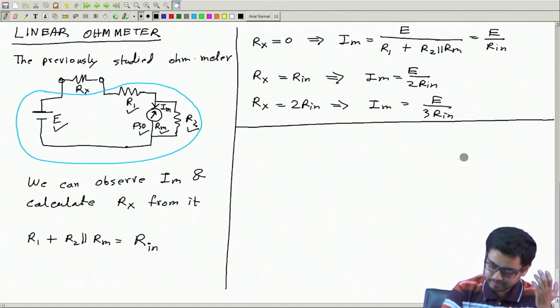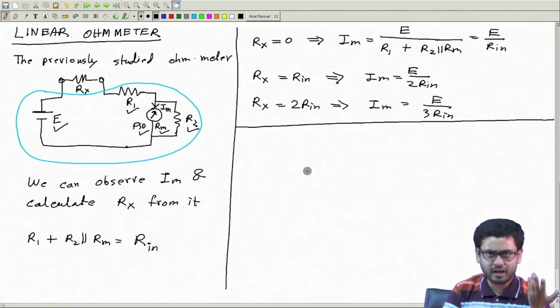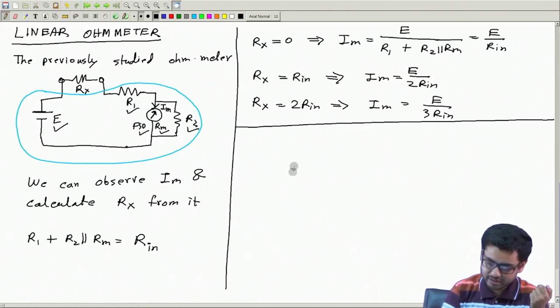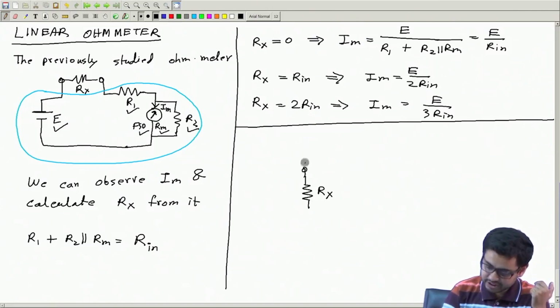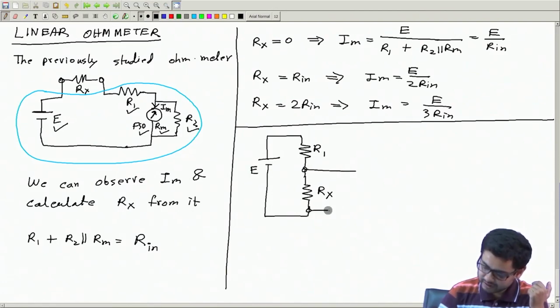There are a lot of similar ohmmeter circuits. One possible circuit is this, where you take the unknown resistance Rx, and in series with that you have R1 and a voltage source, call it E, and what you measure is this voltage.